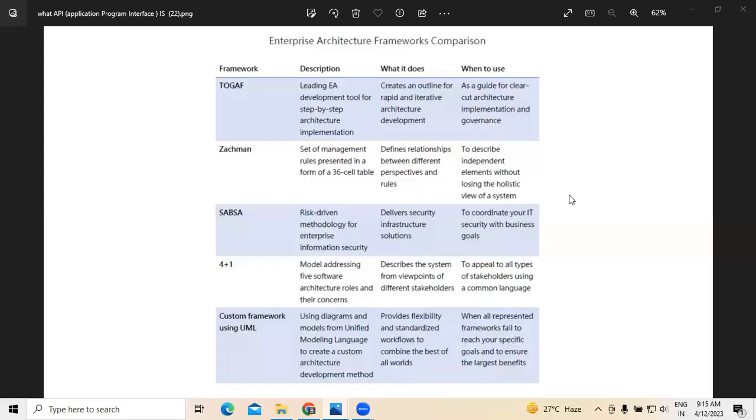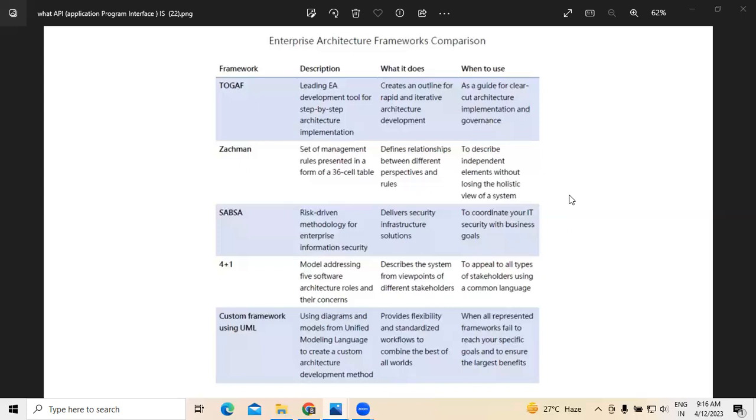At the same time, 4+1 is to appeal to all types of stakeholders using a common language. Along with that, when we talk about the UML part, where the other frameworks fail to reach specific goals, it helps ensure the larger benefits essentially required to develop a solution for any application.